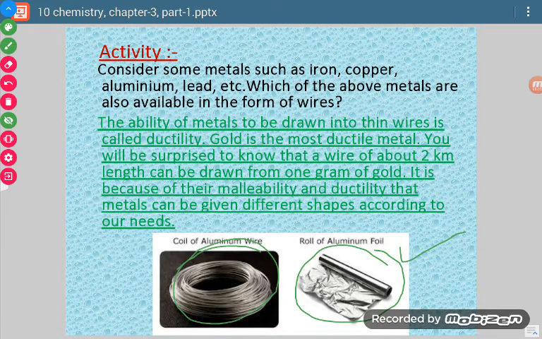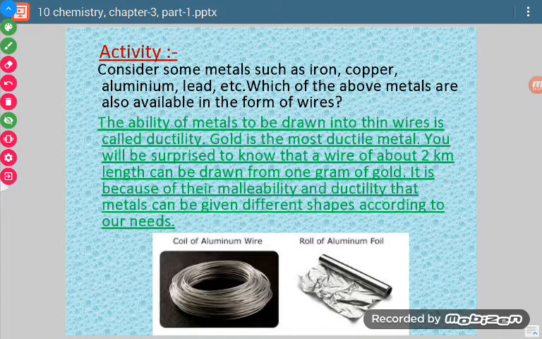Now if you see this, this is in the form of wire. If a particular metal can be drawn in the form of wires, then we say that it shows the property of ductility. Iron, copper, aluminium, lead, they all can be drawn in the form of wires. So these all possess the property of ductility.